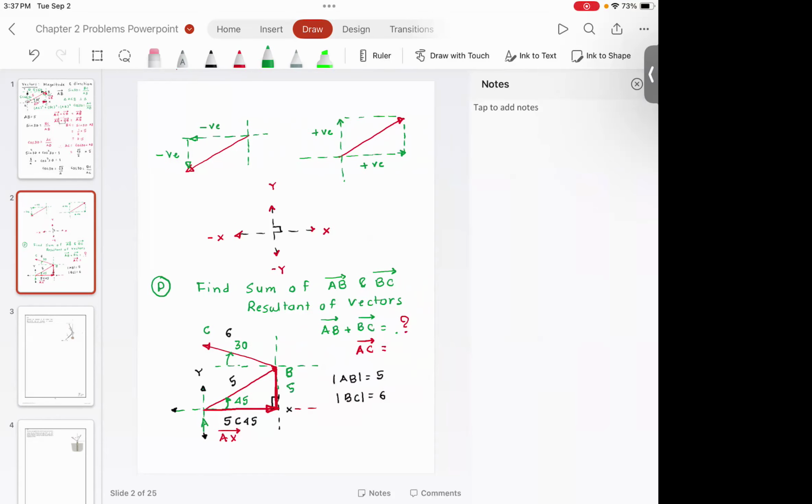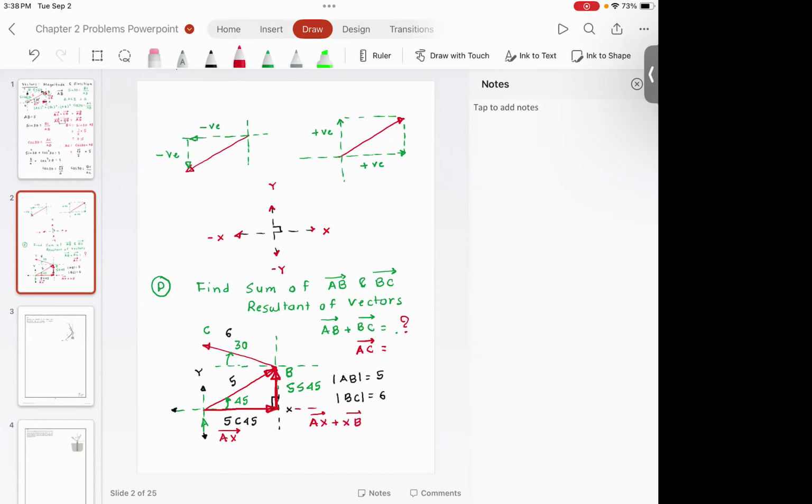Very good. And can you see that this actually represents a vector equation, AX plus XB is equal to AB. Do you agree with me?